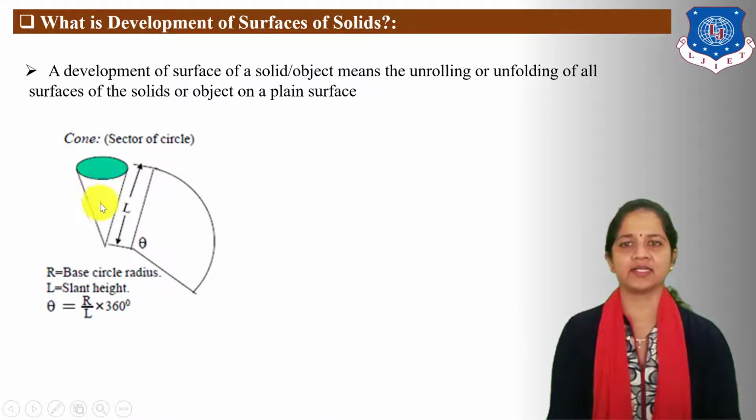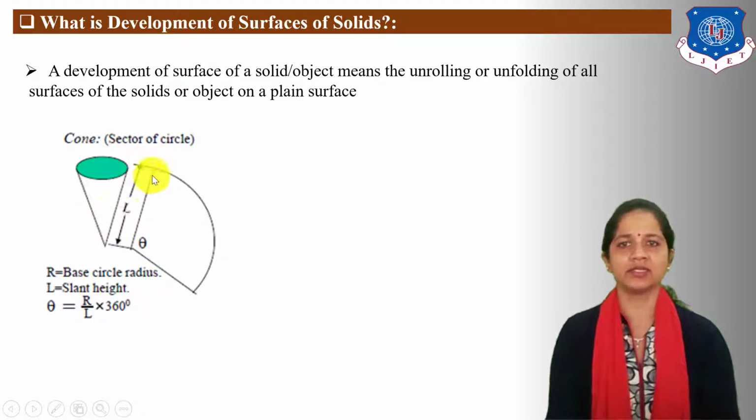Next, let us understand development of cone. The shape of the base of a cone is a circle. A cone has an apex point and infinite generators because its outer surface is in the form of a curve. When we unroll or unfold the cone from one of its generators, a theta portion of the circle opens.